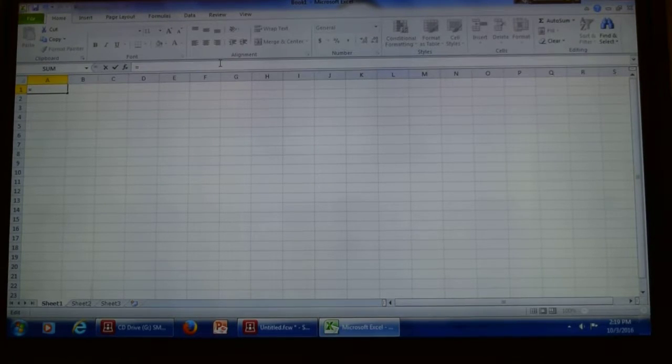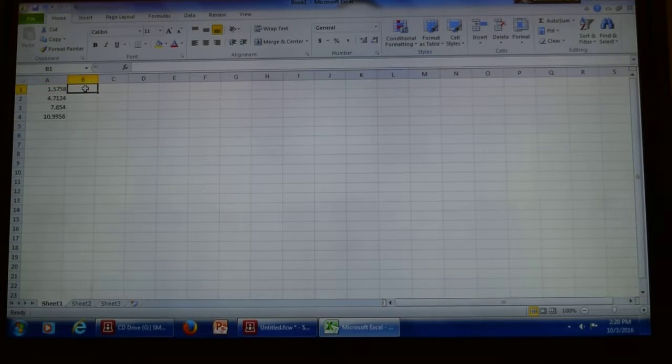Maybe it's not recognizing pi. Let's just do 3.1416 divided by 2. And then the next one is 3 times 3.1416 divided by 2. And the next one is 5 times 3.1416 divided by 2. And the next one is 7 times 3.1416 divided by 2.